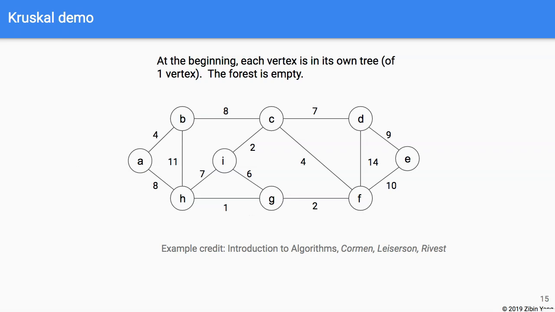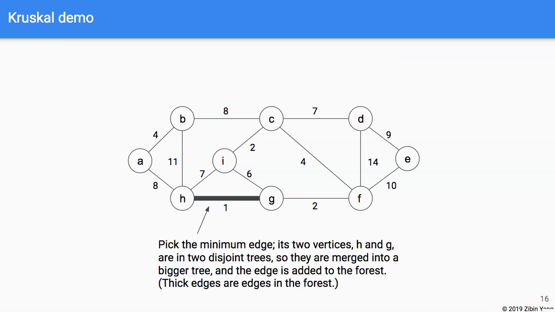So when we actually start looping over the edges, the first edge we'll pick out is the one with the lowest weight, which in this graph is the edge with the weight of 1. So it's this edge here.